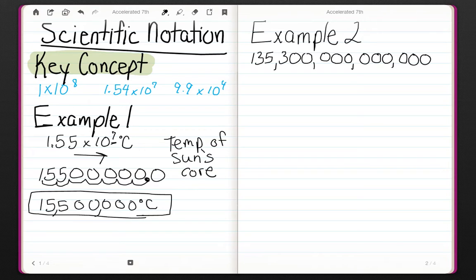So, again, moving from a number in scientific notation to a standard number, you're going to move the decimal the number of places of your exponent. Okay? Looking at example 2 this time, we're given a number in standard form, and I want to move it into scientific notation.